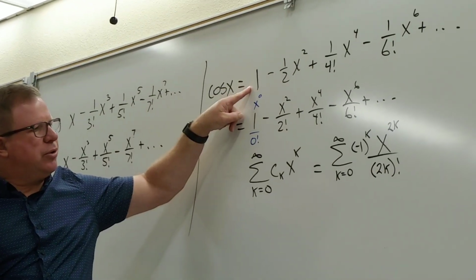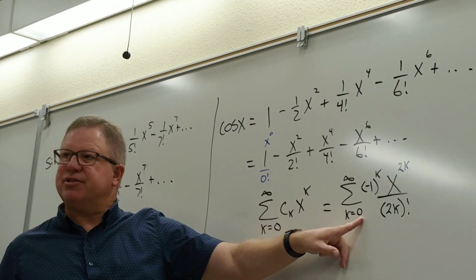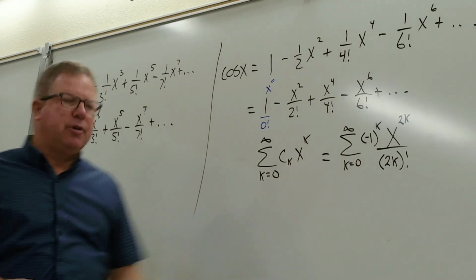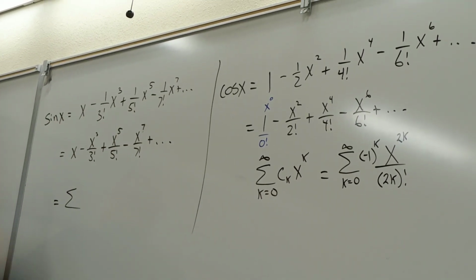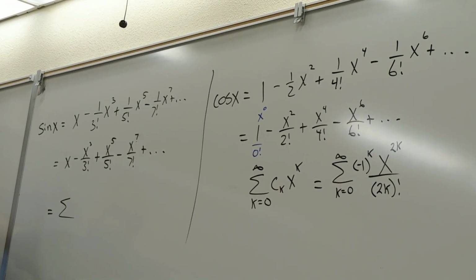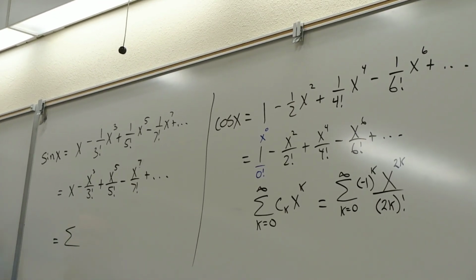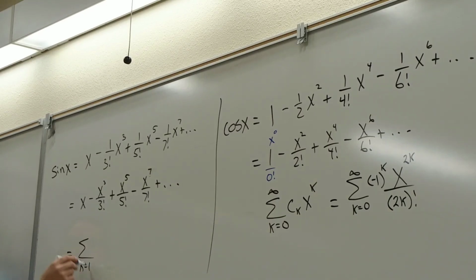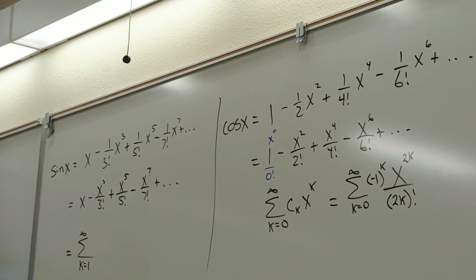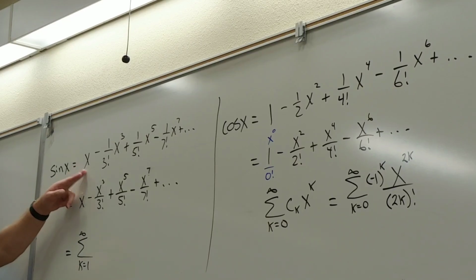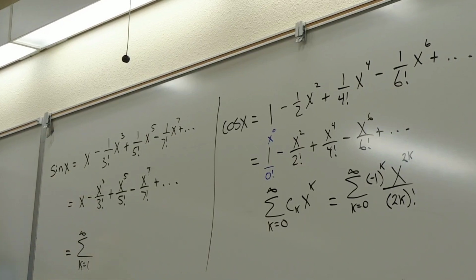That 1 is the 0 term, so we began it at 0. Does that make sense? Here, 0 will not give us a term. It'll be 0. So I'm going to start it at 1, where the terms actually begin. This is the 1 term, not the 0 term.